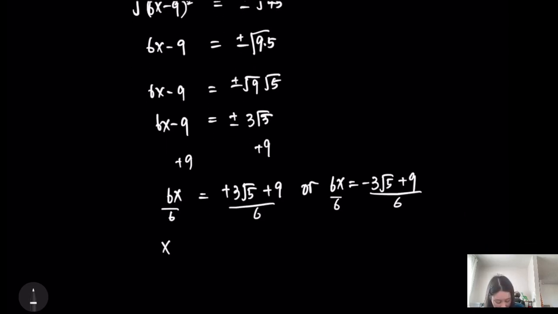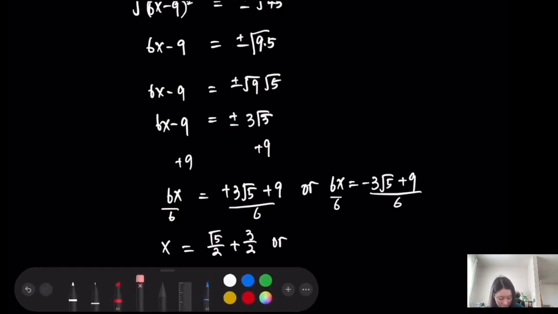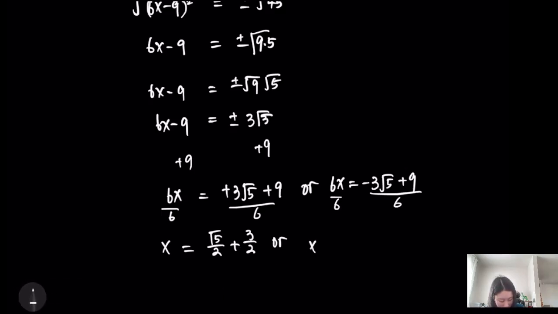Now I will have x equals, simplifying it, square root of 5 over 2 plus 3 over 2, because they can both be divided by 3, or x equals negative square root of 5 over 2 plus 3 over 2.